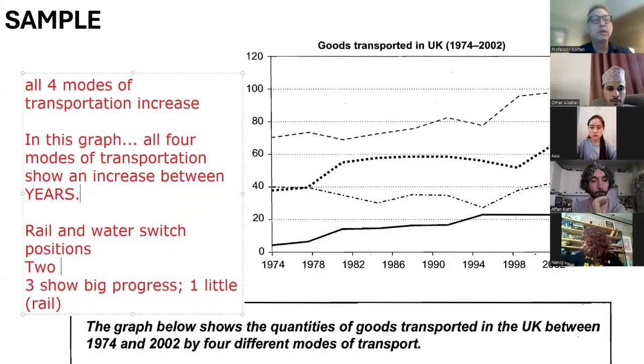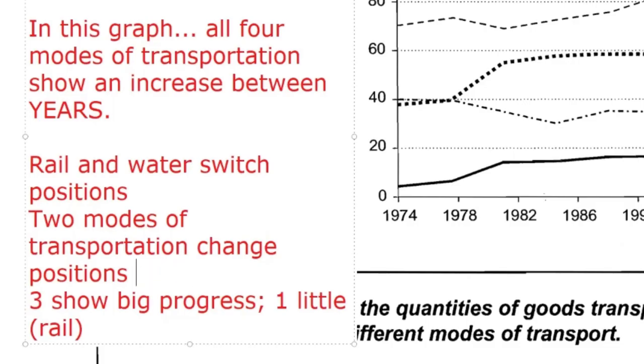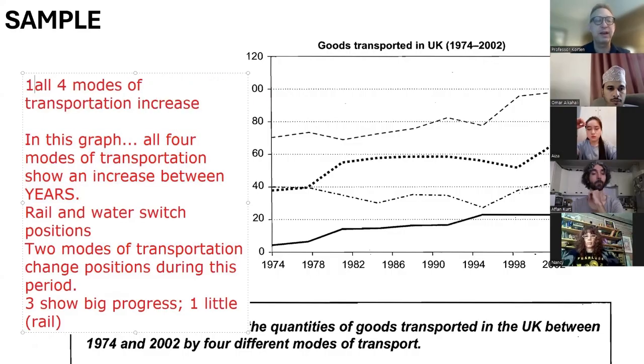The second one: 2 modes of transportation change positions during this period. Now, we don't have to say the years again because we've already mentioned it, but the most important issue is getting these first sentences. First of all, identifying. So we've identified an idea. Then we write it.